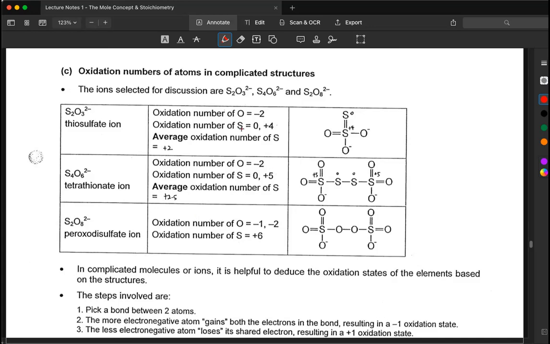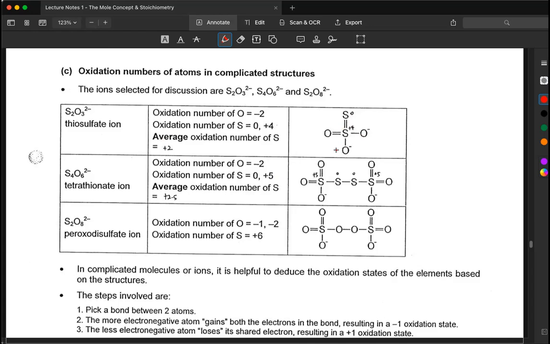So how do you do this? We know that the oxidation number of oxygen is -2, but how come for sulfur, one is 0, one is +4? To do this, you need to look at the atoms that are directly bonded to that atom of the element.